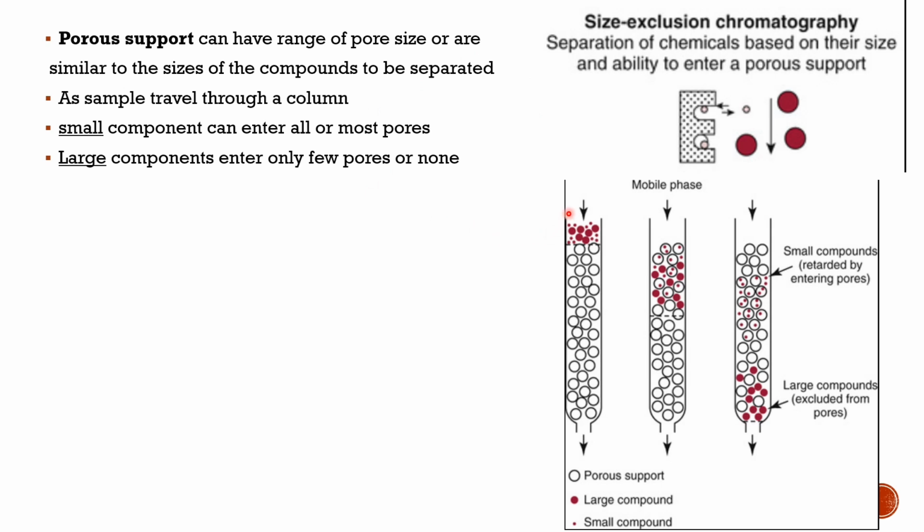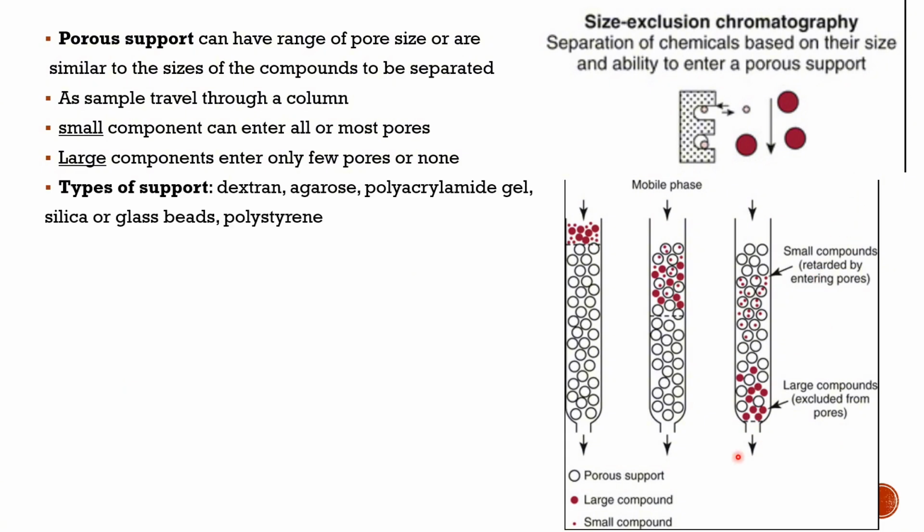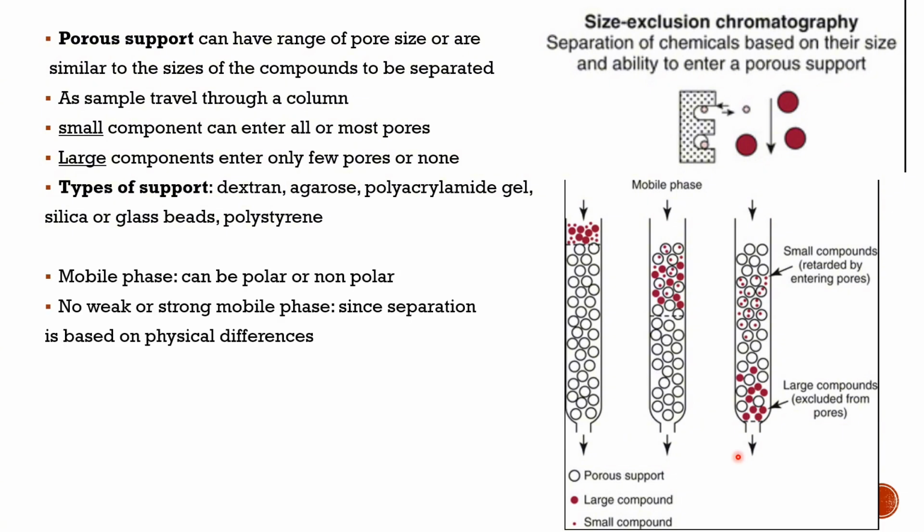If a component is small, it will enter into most of the pores, and it will take longer time to be eluted, while a large component will enter only few pores and will be removed faster and before the small component. Types of support: dextran, agarose, polyacrylamide, glass beads, polystyrene. These are examples of size exclusion chromatography.